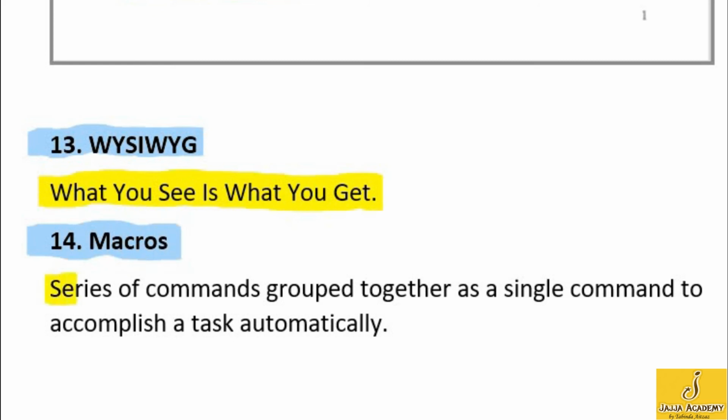A macro is a series of commands that are grouped together as a single command to accomplish a task automatically. When we need to execute a set of commands, for instance, I want to execute 10 commands again and again in my work. So instead of writing those 10 commands again and again, I'll make a macro, and the macro will create one group of those 10 instructions and assign a single command to perform them.